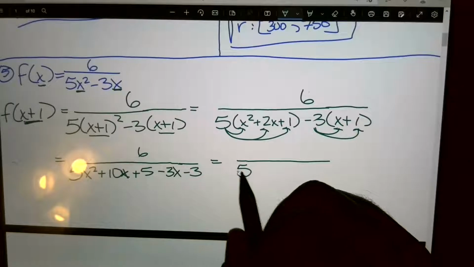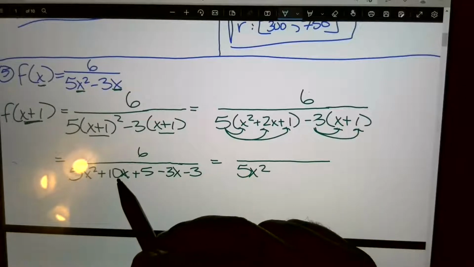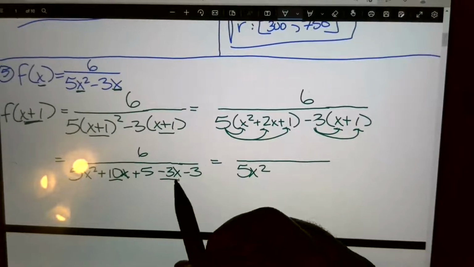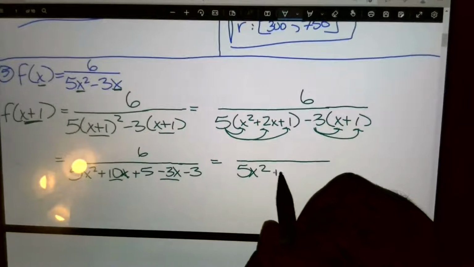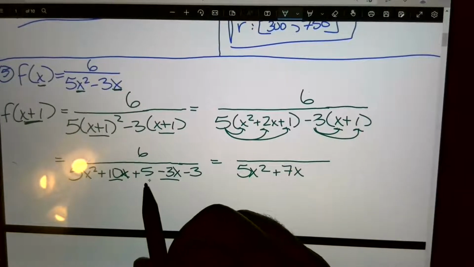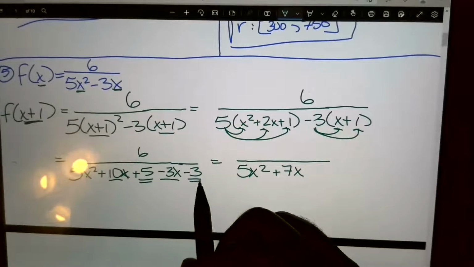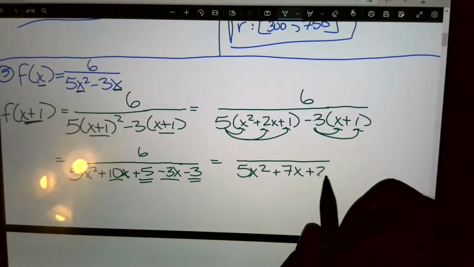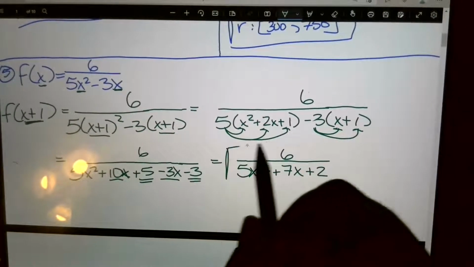The 5x squared stays. 10x minus 3x is 7x. And 5 minus 3 is positive 2. And that's our answer.